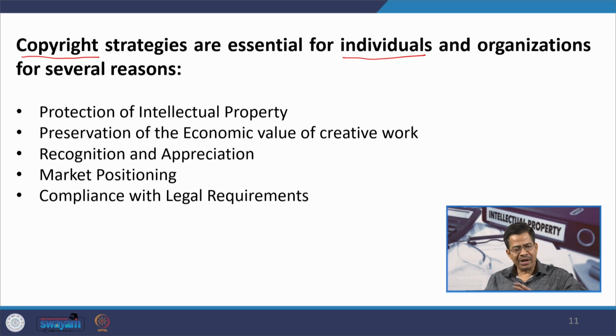However, organizations have more resources, and they have a better understanding of business objectives. Individuals may not have the business objectives. So, there are chances of exploitation of individuals with respect to their copyright portfolio. However, this exploitation may happen at the organizational level also, but chances are less at that level.